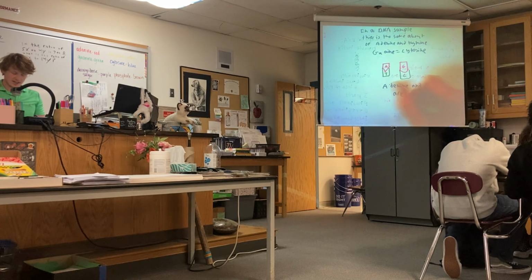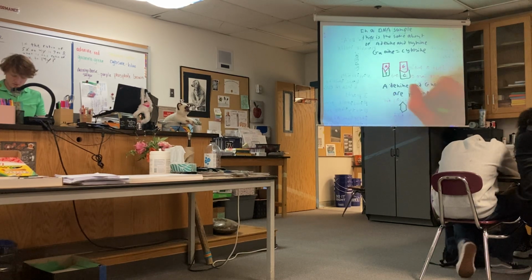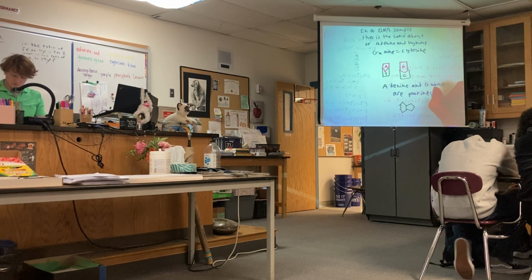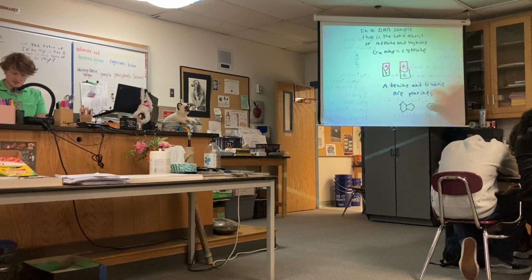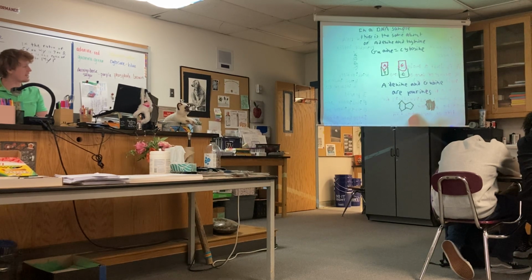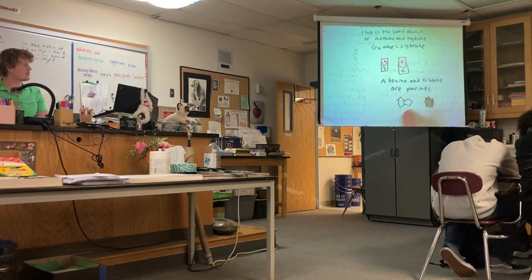A purine kind of has 2 rings in it, in a way. Sorry, I wasn't supposed to draw that yet. Scratch that one out. Just focus on this. So adenine and guanine are purines, and they both look like this, where they have 2 rings in their molecular structure.